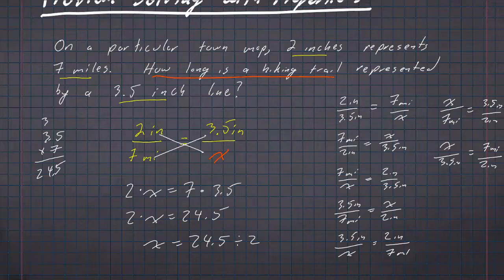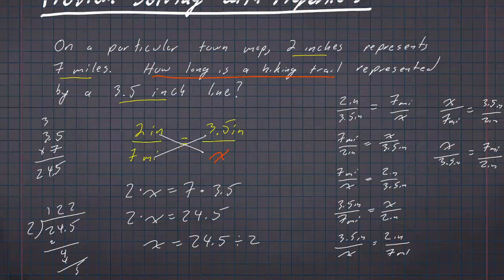From there, we multiply: 7 times 3.5 is 24.5. And if 2 times x is equal to 24.5, then the inverse of multiplication is division. X itself must be 24.5 divided by 2. I get in this case that my unknown x is 12.25.